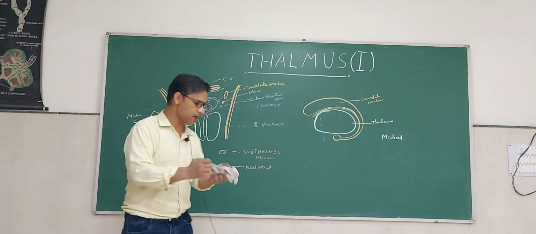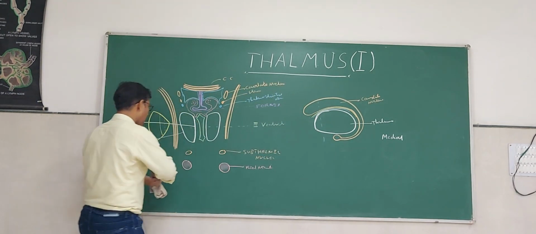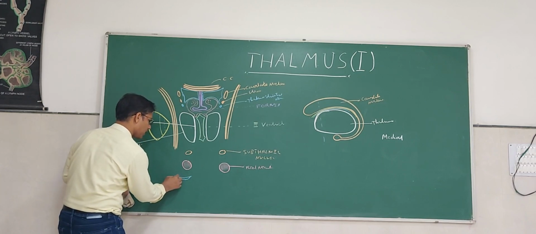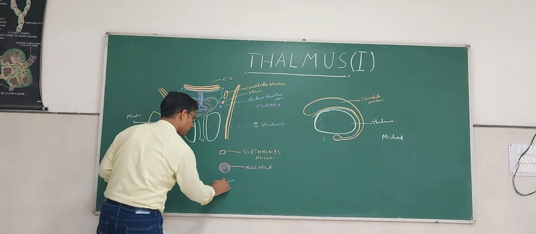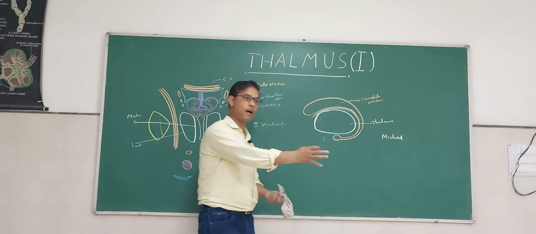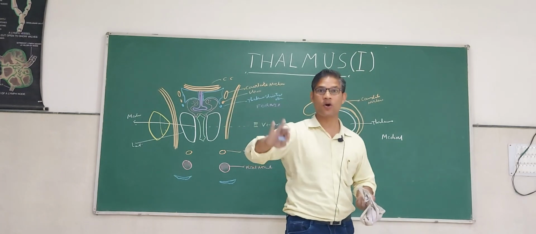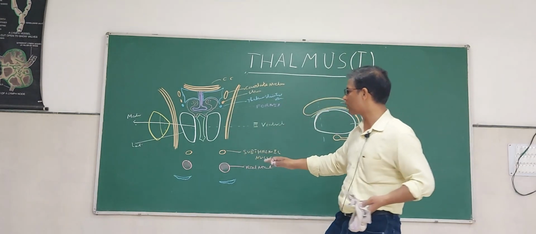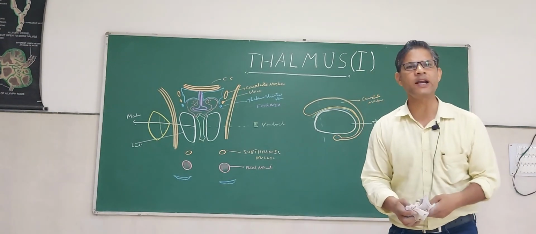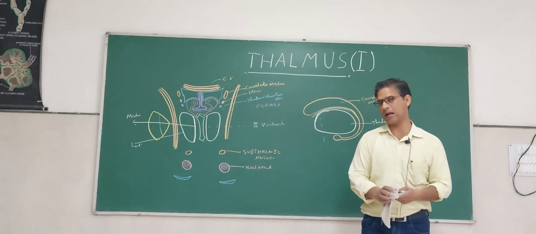Below this there is another part, the substantia nigra of the midbrain. You have heard the terms substantia nigra, pars compacta and pars reticularis, with the dopamine structures. So the subthalamic nucleus, red nucleus, substantia nigra and fields of Forel are below the thalamus.